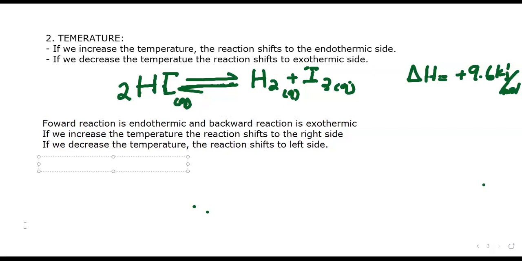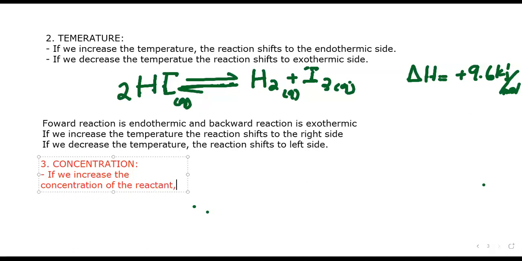The final factor that we need to take a look at is, actually I mentioned catalyst, but a catalyst doesn't have an effect on the position of equilibrium. We actually have to discuss concentration. So what are we going to see? If we increase the concentration of the reactant, the equilibrium shifts to the right side.